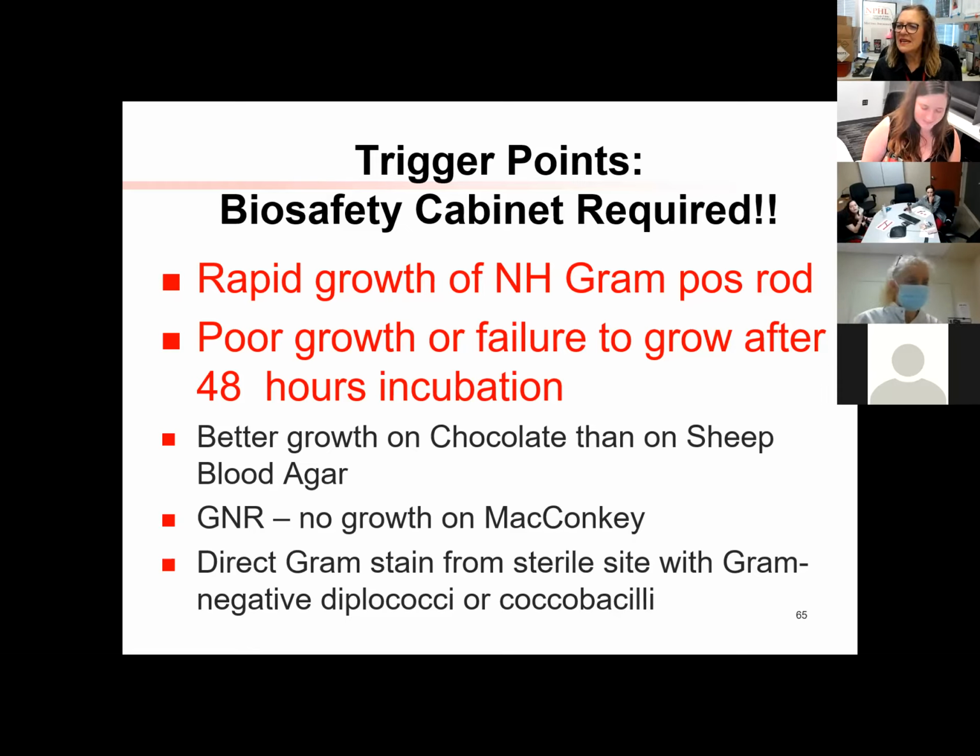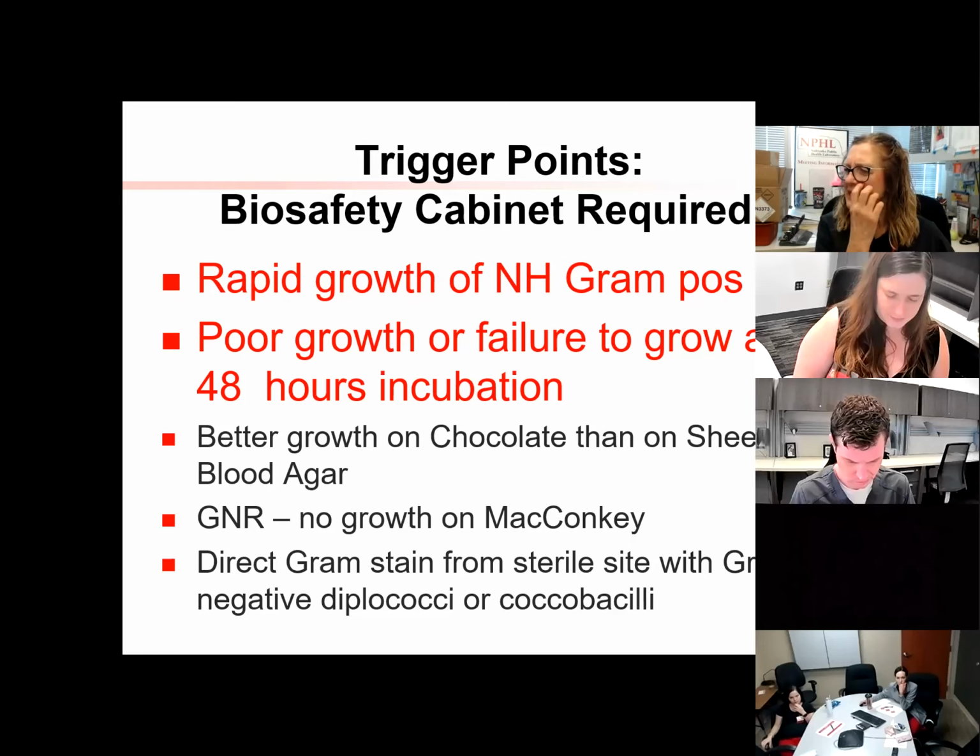Who else has had to work on, or has actually had a suspect organism? Has anybody else in the group had to work on an organism? We have, just about 3 weeks ago. Laura, really? I didn't hear about this one. We had a Francisella tularensis.